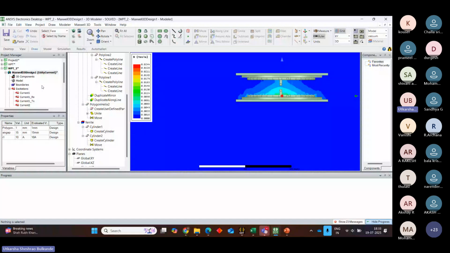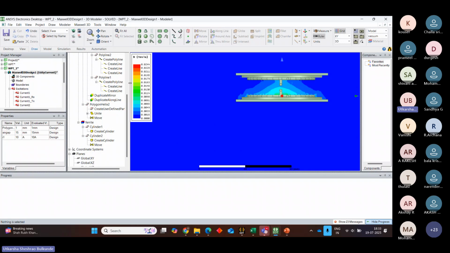If you want to do your parametric study with respect to the distance between the receiver and transmitter coil, which we were calling the air gap, and you do it for more values, it will take a lot of time to simulate. Even for just one value, it takes a lot of time.